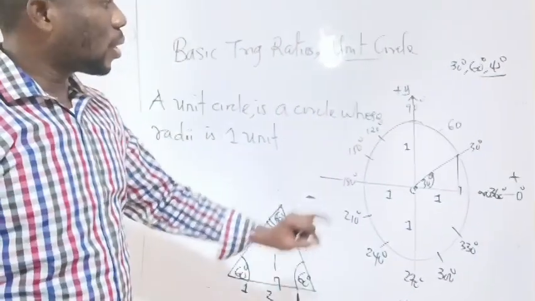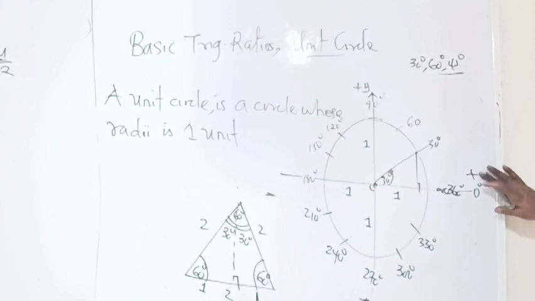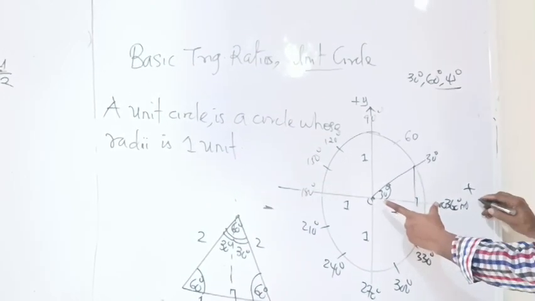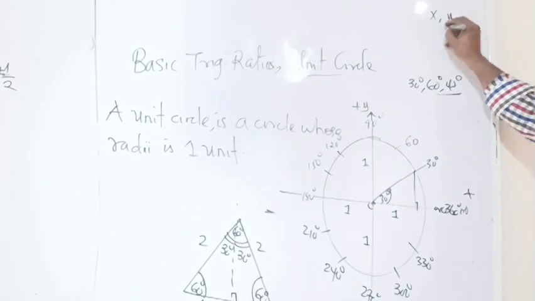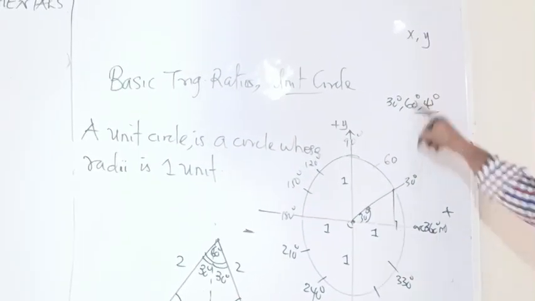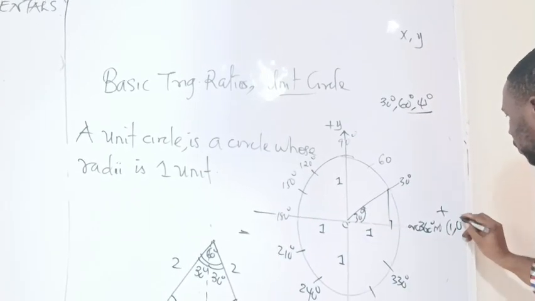Now, the coordinates, look at it, xy here, this is 360 or 0. The coordinate here, x is cosine, y is sine. So the coordinate here is x is 1 here, you could see it's 1 unit. So x is 1 here, but y is 0 here, right?